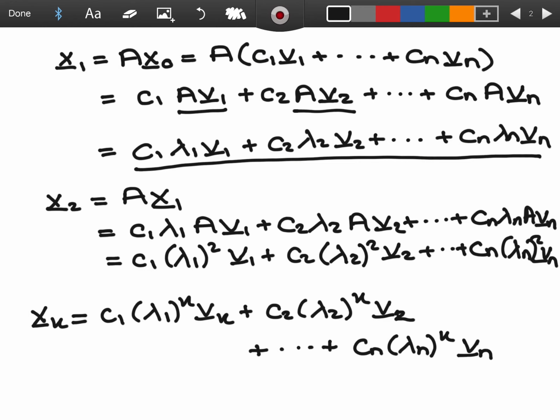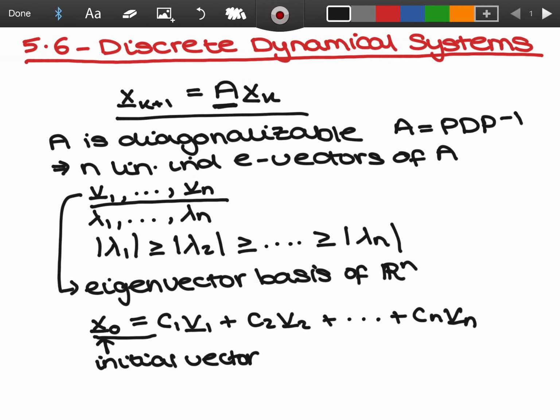So multiplying by A k times in this system is exactly the same as taking each of my eigenvectors and pre-multiplying it by its eigenvalue k times, multiplied by those constants, where those constants were determined by the initial vector and its linear combination of the eigenvectors at the start.